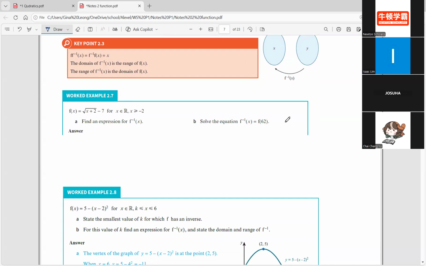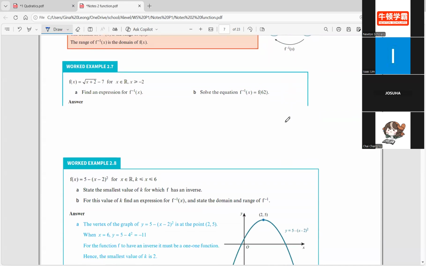So now we try to do the question. For this one, usually your secondary school teacher will say you put y and then copy down this thing, -7. You interchange x and y. After that you get y as the subject.